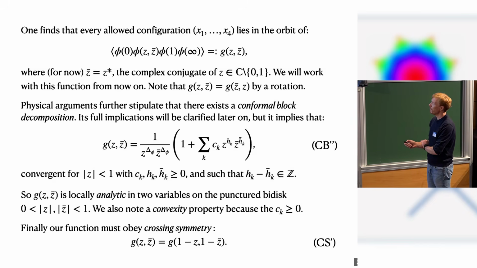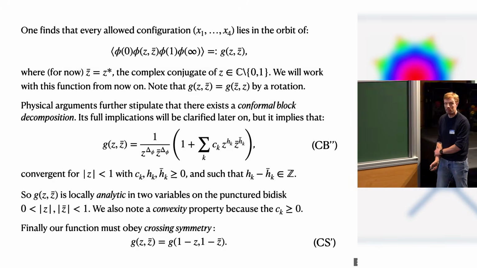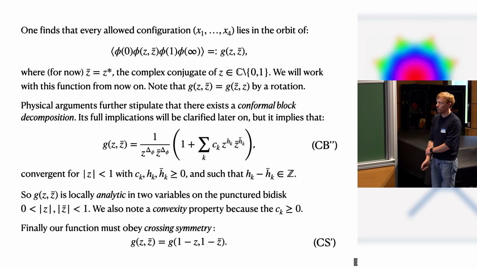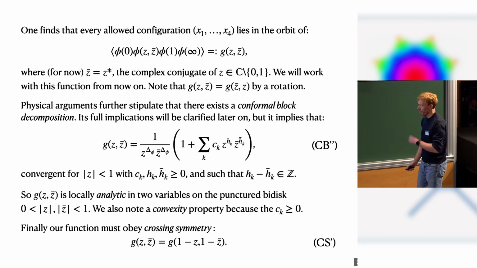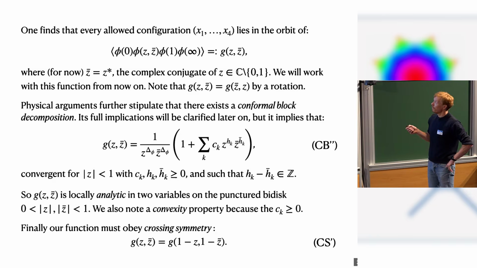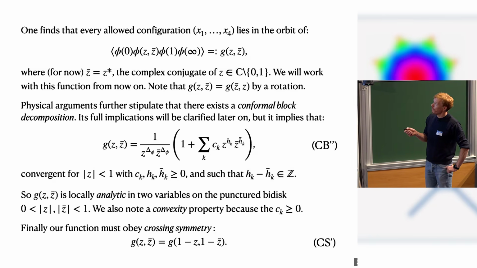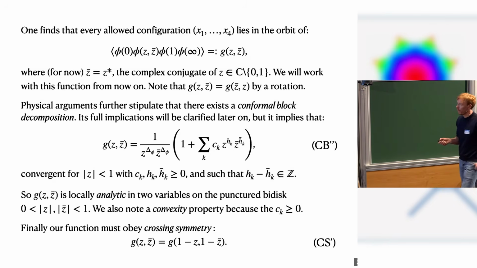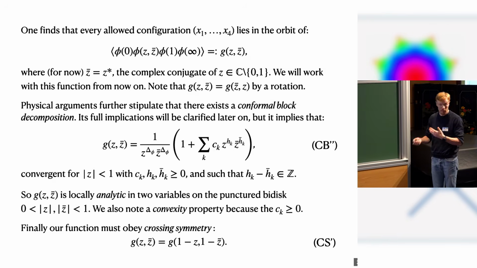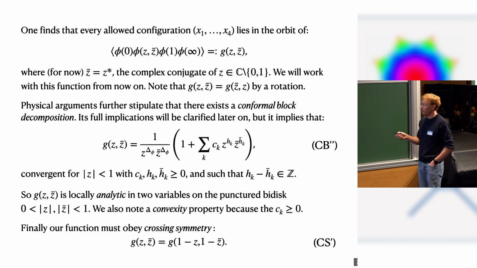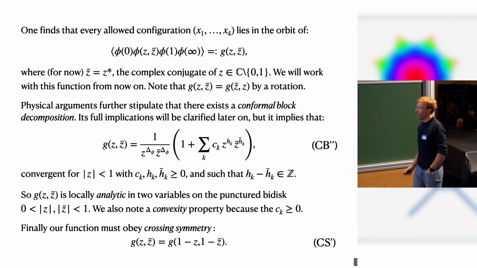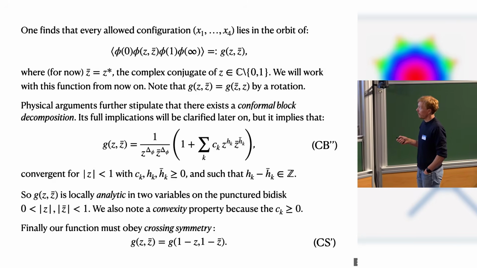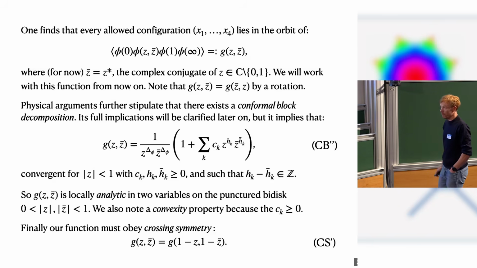And all of these coefficients c_k and these exponents h and h bar are strictly positive, and h minus h bar is an integer. So this immediately implies that this function, which was defined for z bar equals z star, is actually locally analytic in two variables. So we can now take z bar and z independent and complex, and that will work at least on the punctured bidisk, where z and z bar are both between 0 and 1.